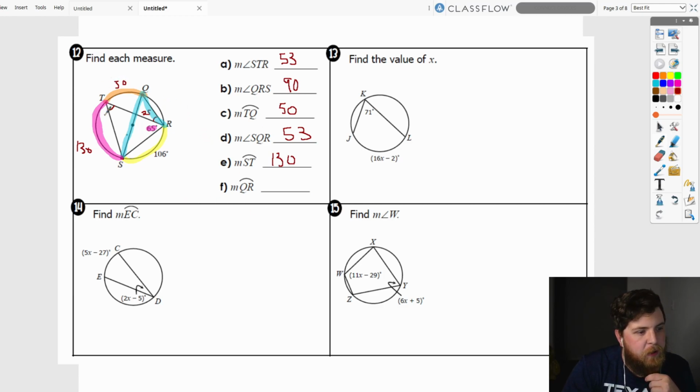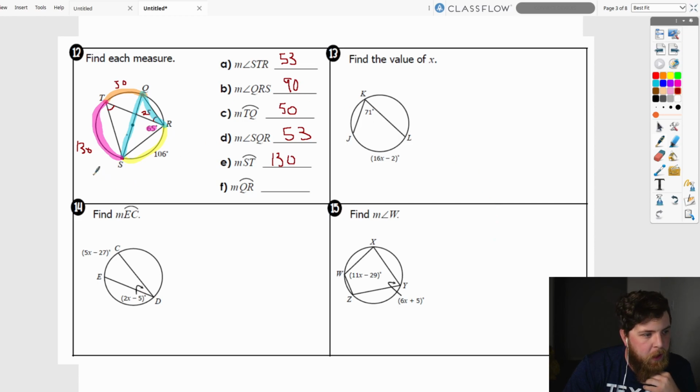And then finally, right, so we said this was 130, and this was 50. And then QR, your final measure here, we can figure out in a couple different ways, right? We know the whole circle is 360 degrees. We could also figure out what this angle here would be and double that. But the easiest way is just to take the rest of the measures, add them up, and then subtract them from 360, right?